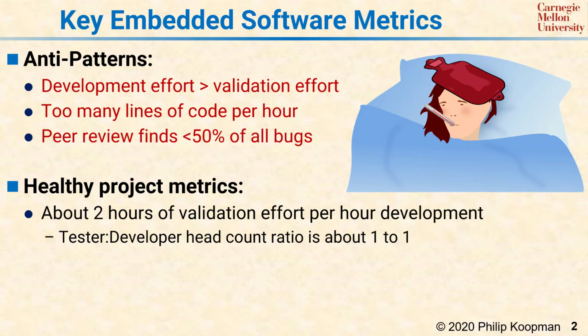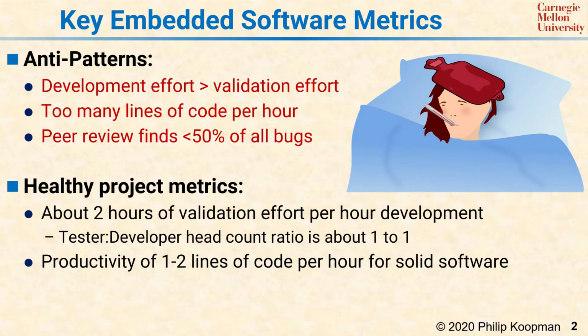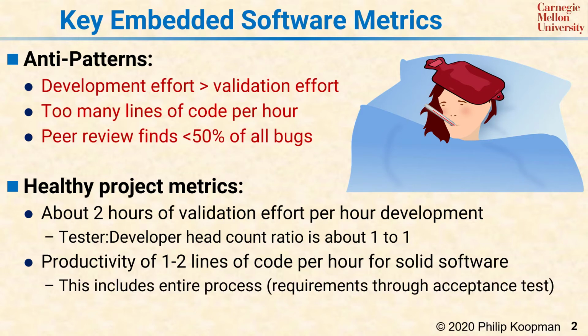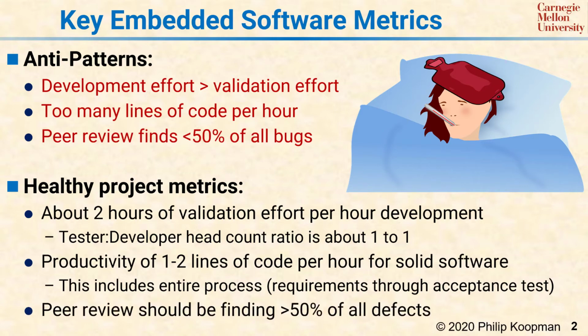Typically, you expect to see a productivity of between 1 and 2 lines of code per hour, perhaps 3 lines, for solid embedded software. This includes the entire process from initial requirements through acceptance test. Finally, peer reviews should be finding more than half of all the defects found during the product's life cycle.